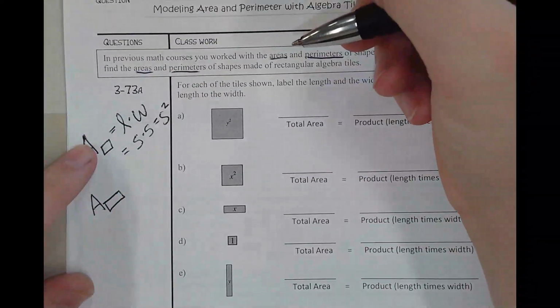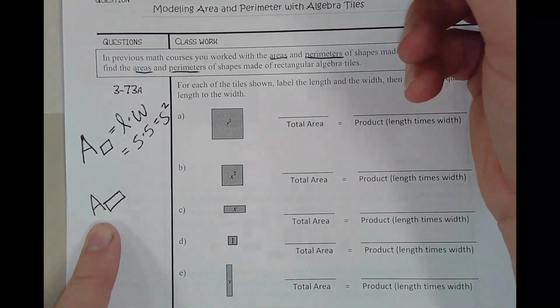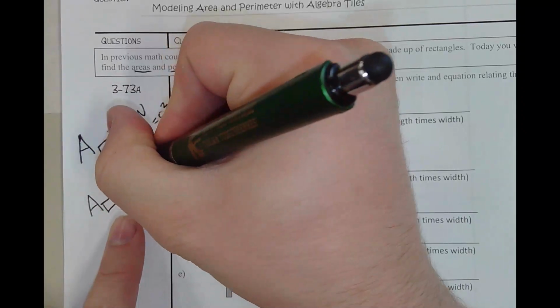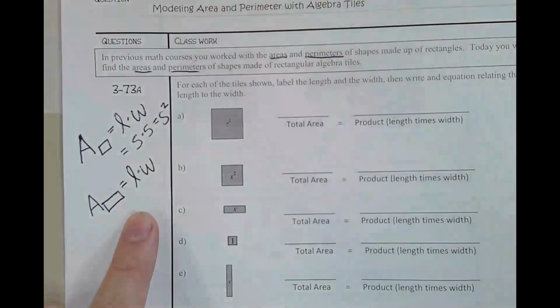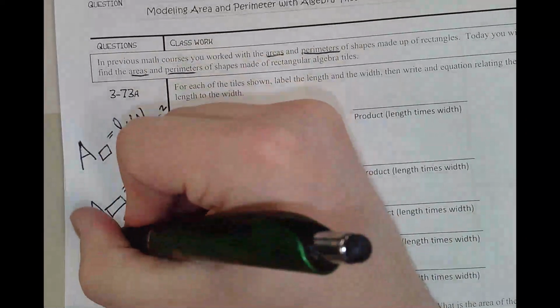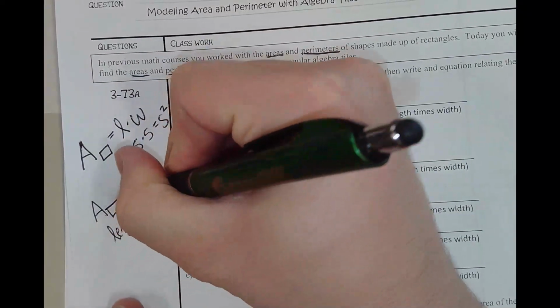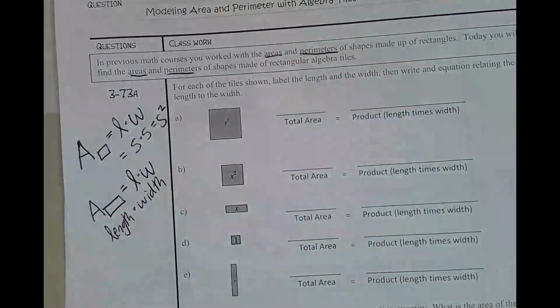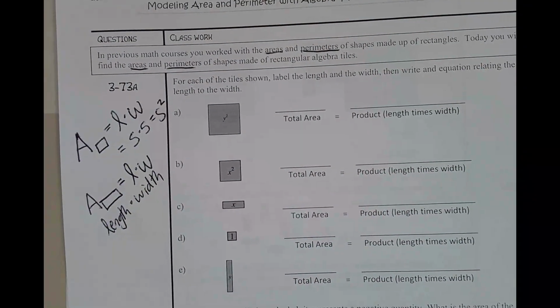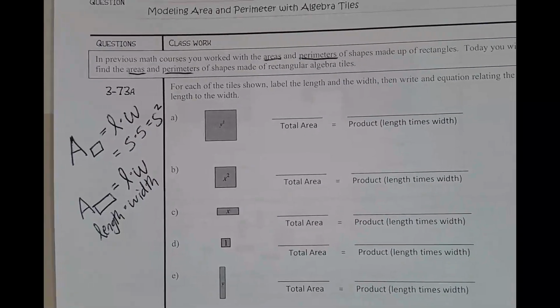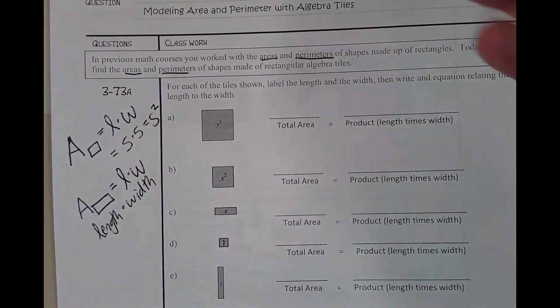A square is an example of a rectangle, and all rectangles have an area of length times width. So we're going to complete letters A through E so you can have all the tools you need to do the remaining questions in this lesson. So here we go.